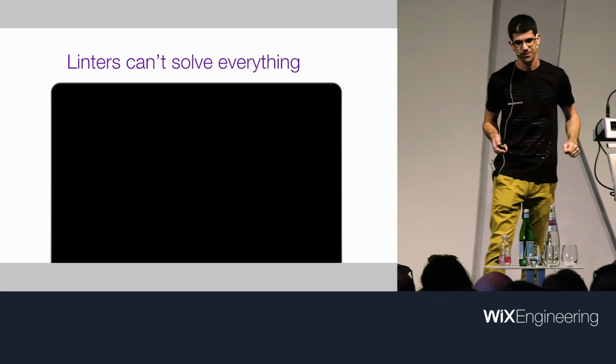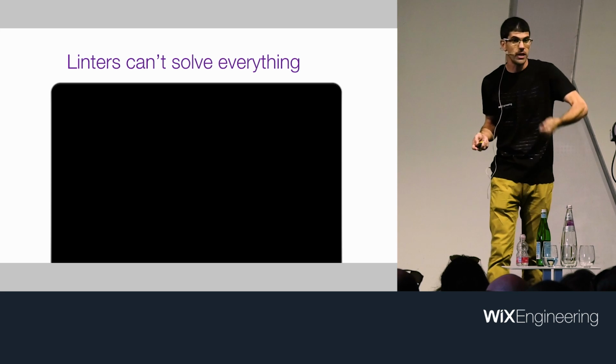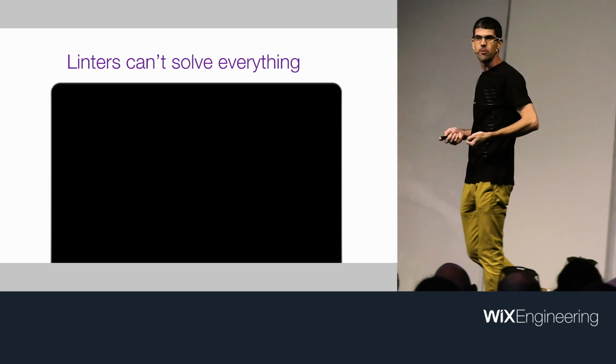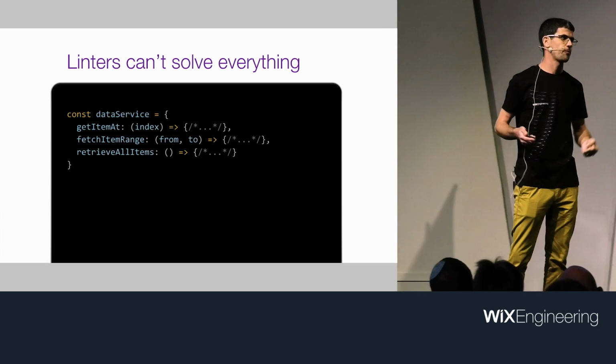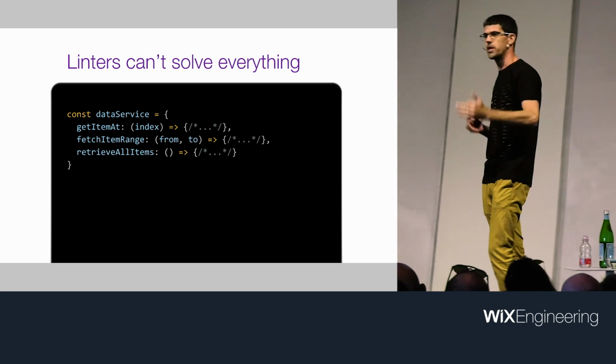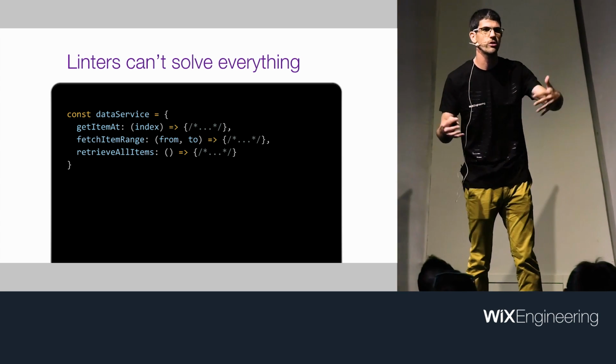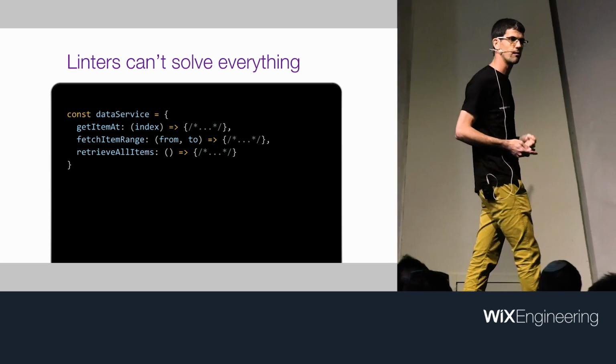But, of course, linters can't solve everything. There are problems which are inherently difficult. For example, obviously, naming. When I show you this code, it takes a moment. You look at it, you need to read the name, you need to read the functions in order to start to understand what's going on, and okay, quickly understand that this is an API for fetching data.